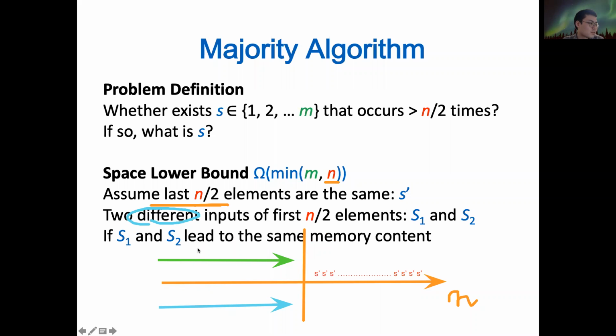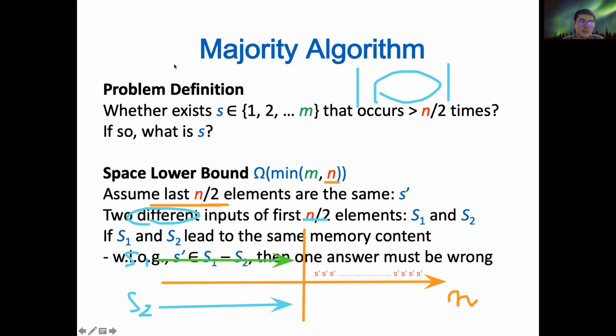So let's assume this is S1, the first stream, and S2, the second stream. And then let's assume, even though they are different, our streaming algorithm, finally, when we see these n by 2 items, has the same content in our memory. So that means we don't differentiate. Will that make a mistake? That's our question.